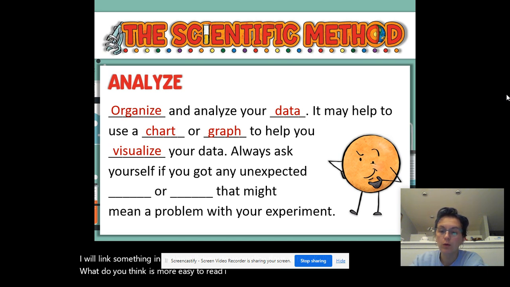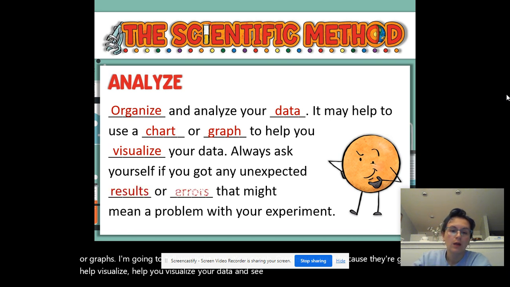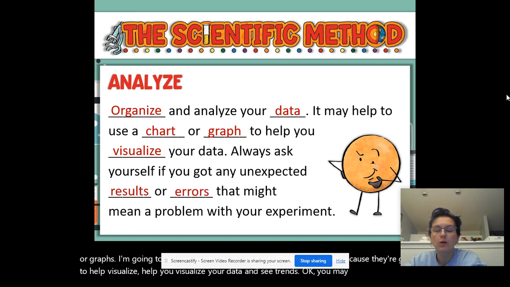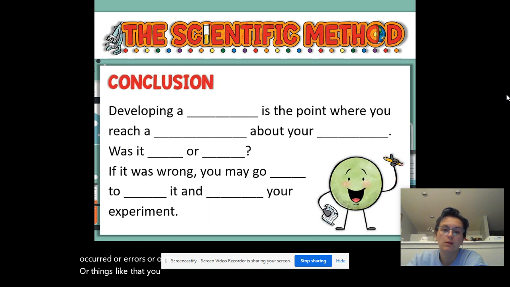A data wall, which is just a bunch of numbers and units, or graphs? I'm going to tell you right now, it's a graph. Graphs are great because they're going to help you visualize your data and see trends. Okay, when you are looking at your data, you may notice that your results aren't what you expect, or things that may have occurred, or errors or outliers or things like that that you need to address.